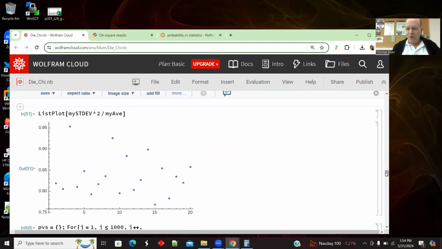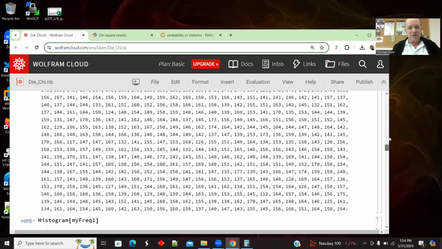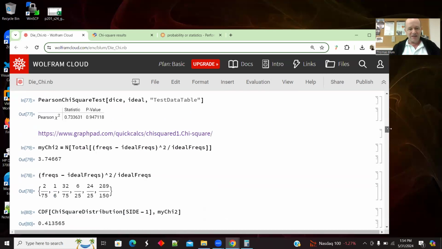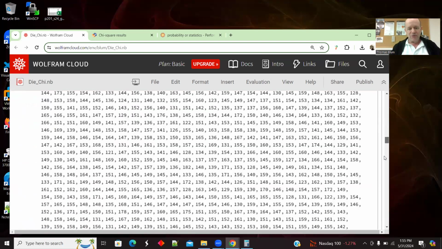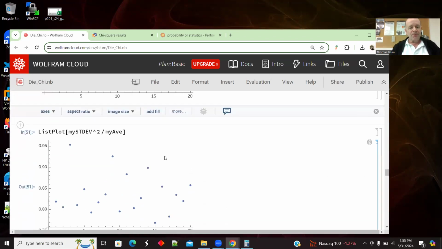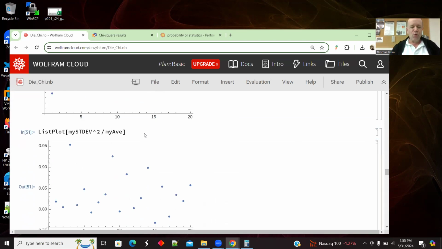And this, you remember, is part of what we were calculating to get this chi-squared. We were taking frequencies minus ideal frequencies, squaring it and dividing by the ideal frequencies. So that is what we are doing here, and we're going to show one that doesn't depend much on size, but then also see what the value is.